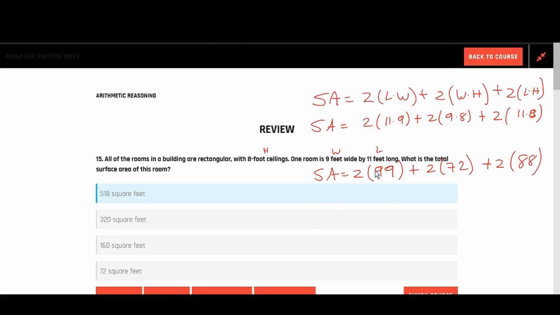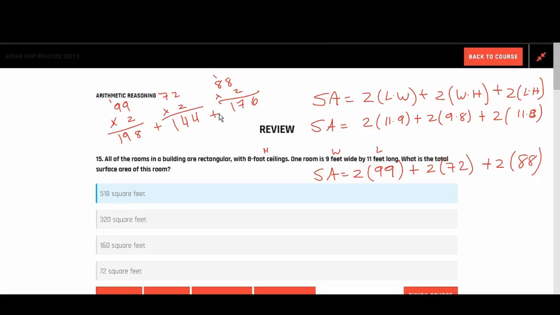Now we have to multiply all these by 2 and then add them together. So that's going to look like this. 99 times 2, 72 times 2, 88 times 2. 9 times 2 is 18, carry the 1. 9 times 2 is 18, plus 1 is 19. 2 times 2 is 4. 7 times 2 is 14. 8 times 2 is 16, carry the 1. 8 times 2 is 16, plus 1 is 17.